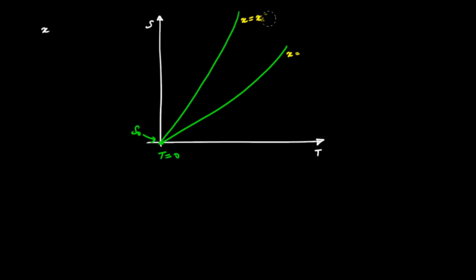This is the line for X equals xf, and this is the line for X equals xi.